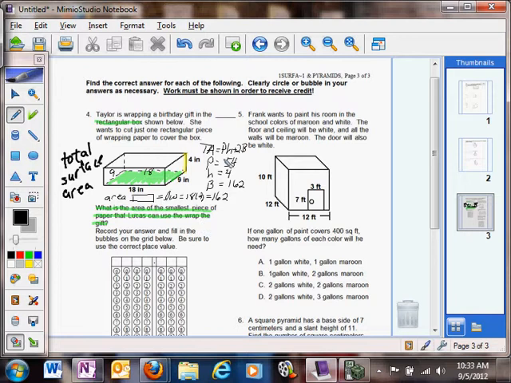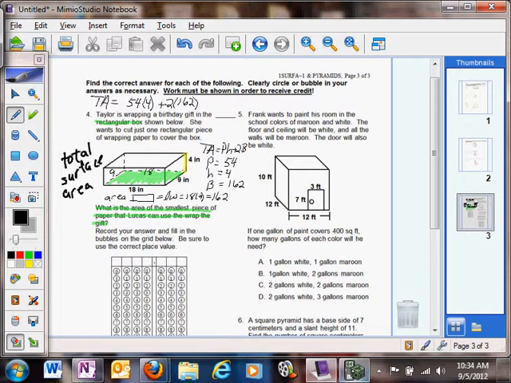So now all I need to do is plug in big P, little h, and big B into this formula here. And so I'm going to create myself some room up here. So the total area is equal to big P, which is 54, times little h, which is 4, plus 2 times big B, which is 162.